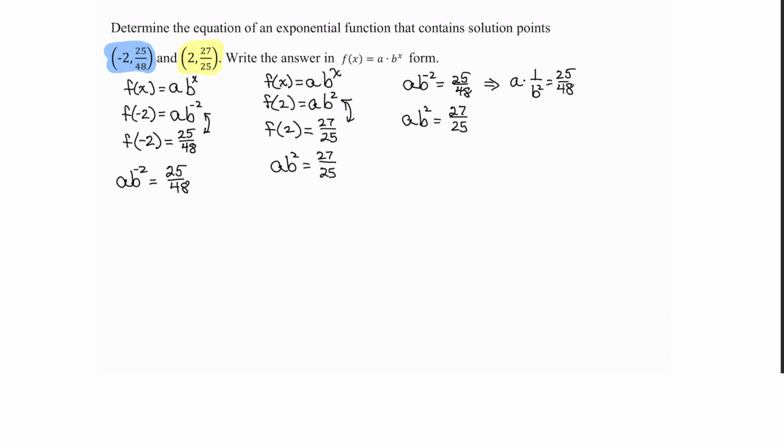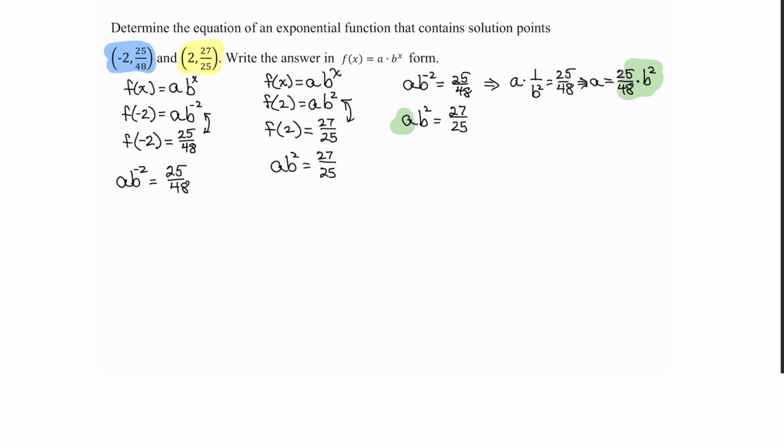Multiplying both sides by b squared, I get a is equal to 25/48 times b squared. And that 25/48 times b squared, we are going to replace in the a of this other equation.